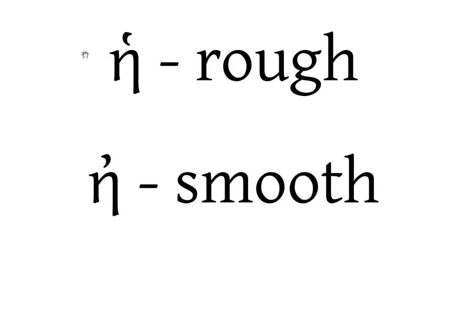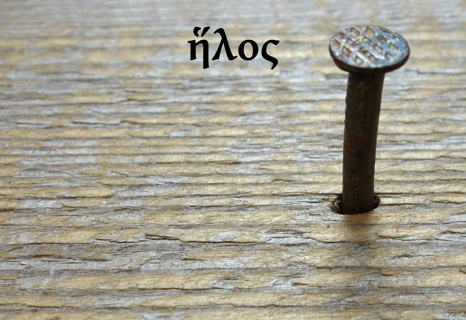So he, he. And if it was curling inward towards the rest of the word, you would pronounce it with no H, e, e. So he and e. Those are your rough and smooth breathing marks.